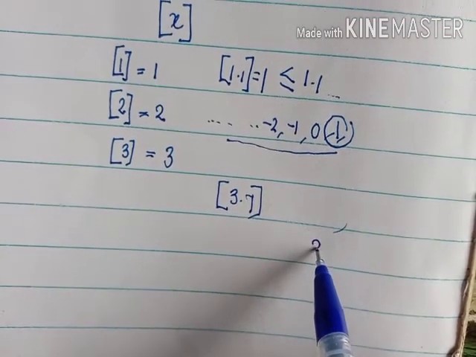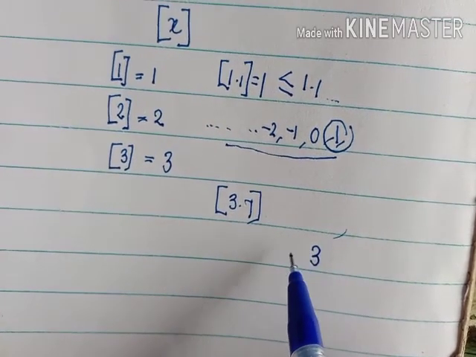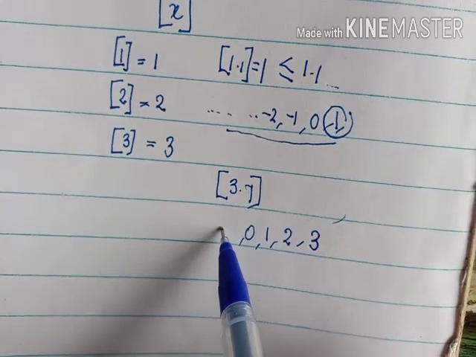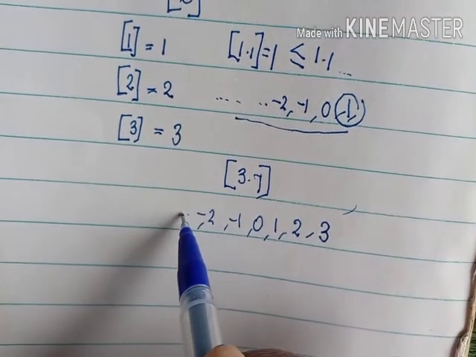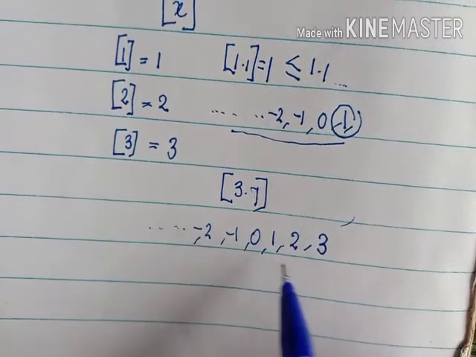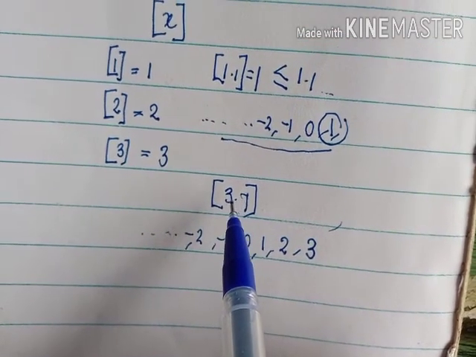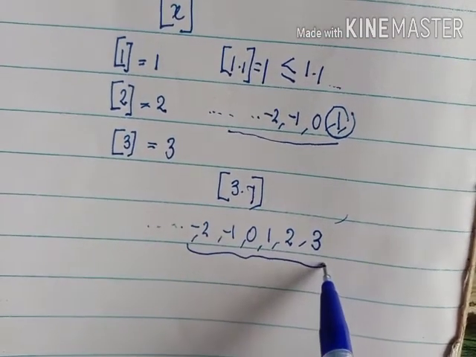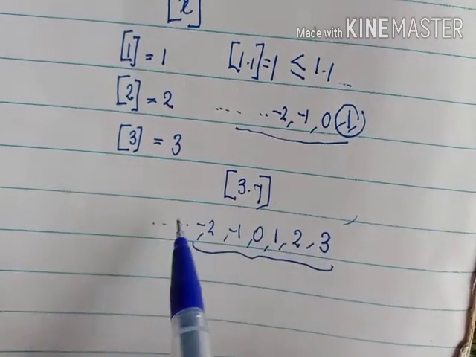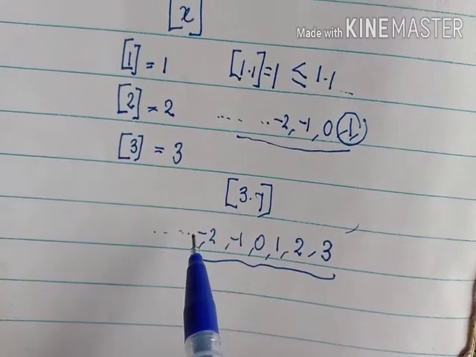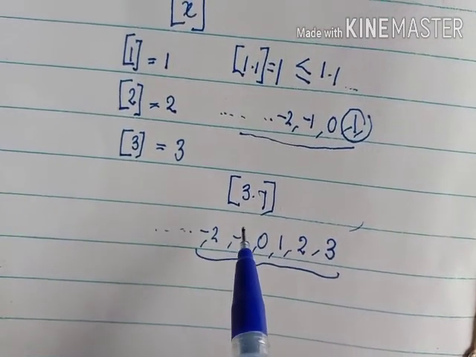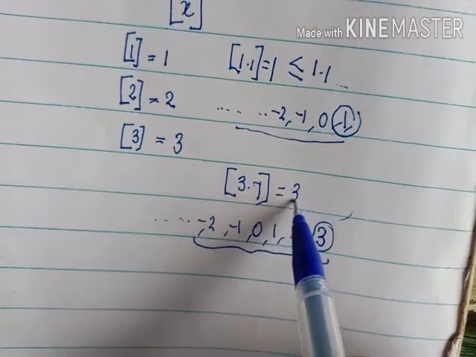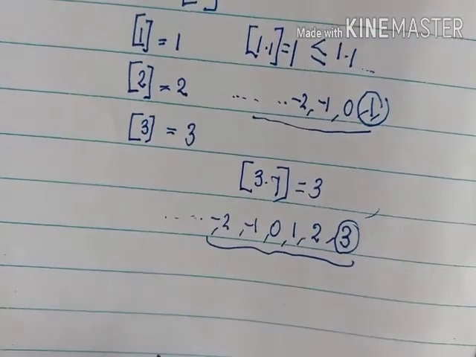Equal to means 3, and less than, so 2, 1, 0, -1, -2 etc. These are the integers less than 3.7. Now out of these integers, which is the greatest integer? 3. So greatest integer function of 3.7 is 3.